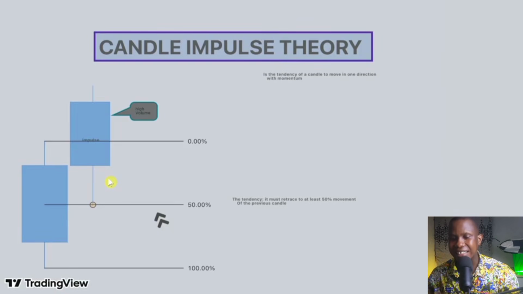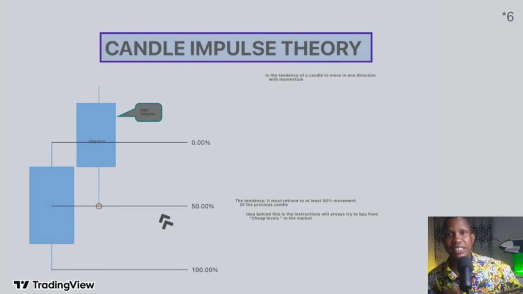It has a tendency to retrace this 50% level before it can be able to move to the upside. Can you see this guy retraced this 50% of this previous candle before it moved impulsively to the upside, guys? The idea behind all this is the institutions will always want to buy at the cheapest price in the market, which is the discounted level.